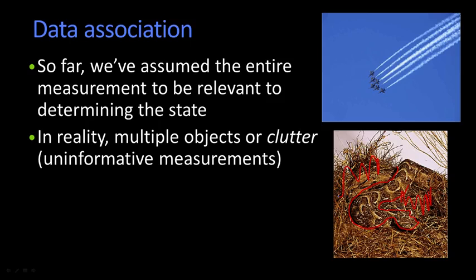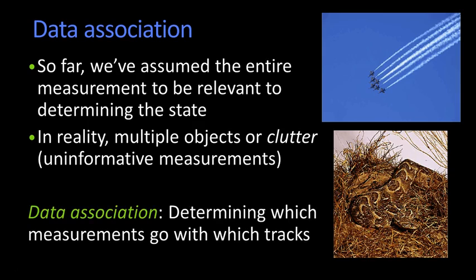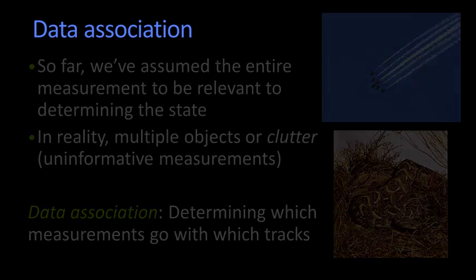But in general, clutter means that there are a bunch of measurements that are not from the thing I'm really interested in tracking. The problem is referred to as the data association problem. And the trick is to determine which measurements go with which tracks and which measurements should be ignored. Which measurements cause you to start a new track. These are all things that you have to do when you do tracking.